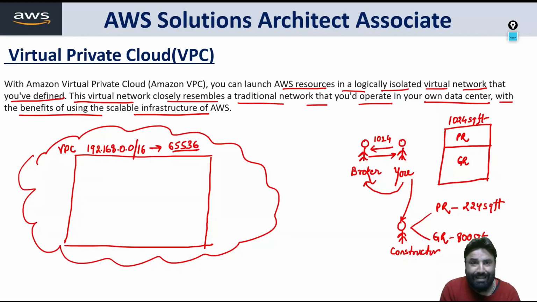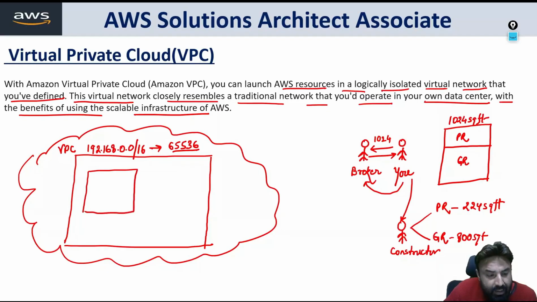Similarly, if I talk technically, coming back to VPC, when we create rooms like this, we created 2 rooms, 1 personal room and 1 guest room. Similarly, we create rooms in VPC. When I'm creating a room in VPC, those rooms are called subnets. Here I'm creating 1 subnet, and here I'm creating another subnet.